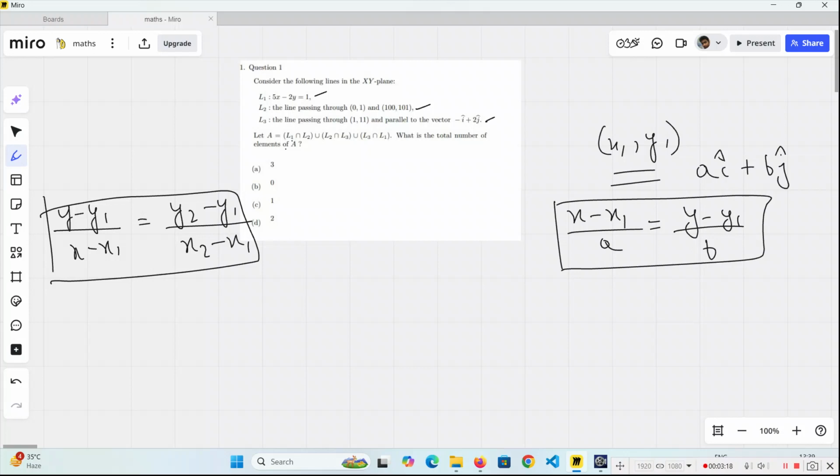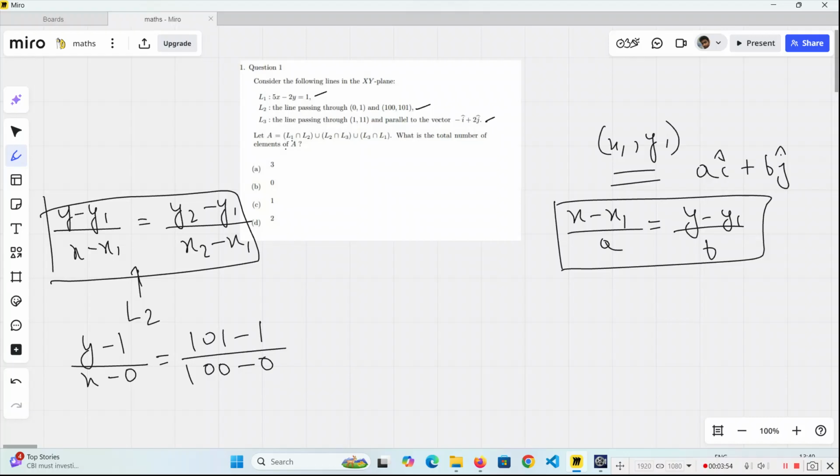Okay, so now they have given L1 already, so let us find L2. So let us find the L2 equation. They have given 2 points, so we will be applying the 2-point formula for L2. So if we apply this formula, that is y minus y1, what is y1? That is 1. x minus x1, that is 0, equals (101 minus 1) by (100 minus 0).